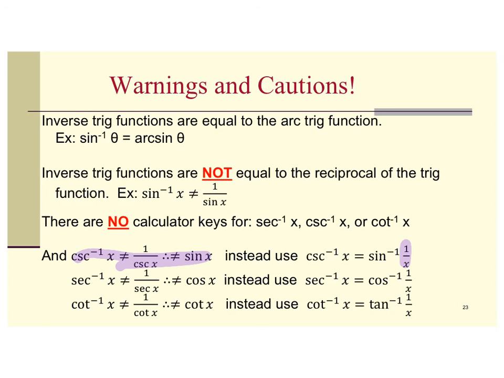It's the reciprocal of the value. It's not the reciprocal of the function. All right? So this is true with all of these. If you have to find the inverse cotan of something, and you need to plug it in your calculator, you're going to have to find the inverse tan of 1 over whatever that value was in your cotan.